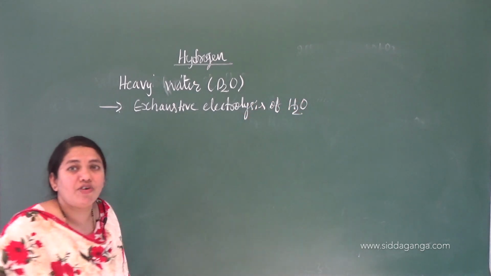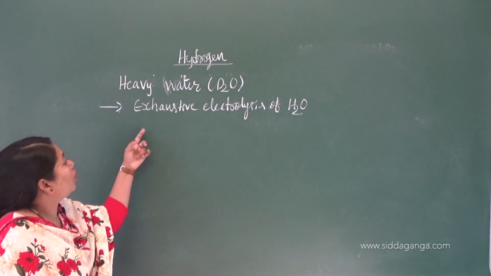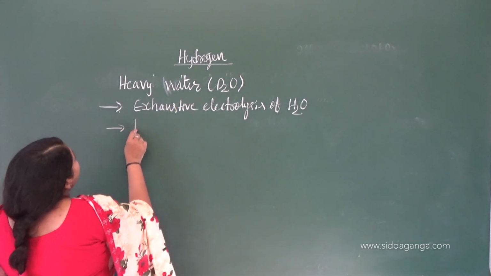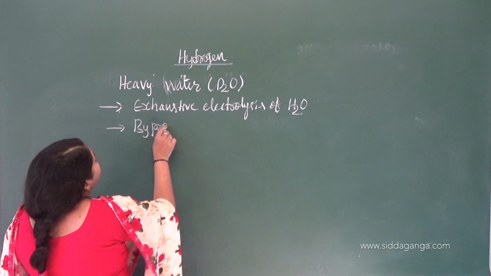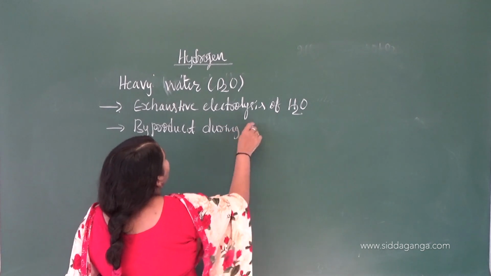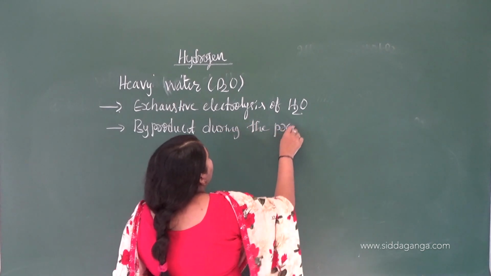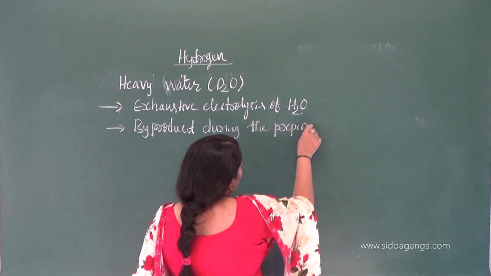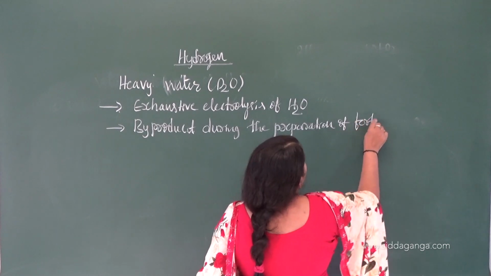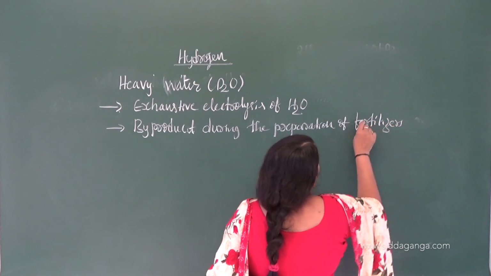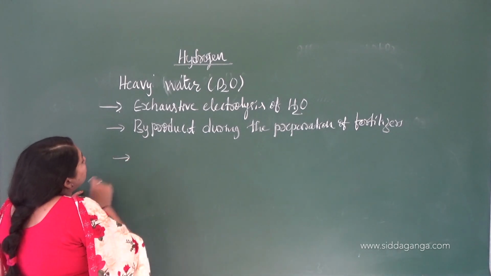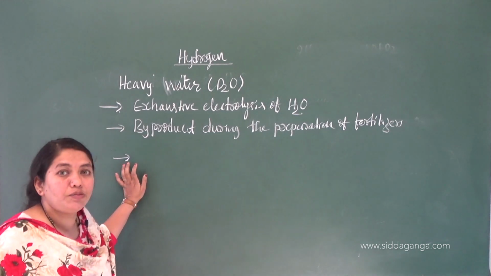If the water is subjected to exhaustive electrolysis, the product you are going to get is nothing but heavy water, or else it can also be obtained as a byproduct during the preparation of fertilizers. Also this heavy water is a byproduct in the fertilizer industries.